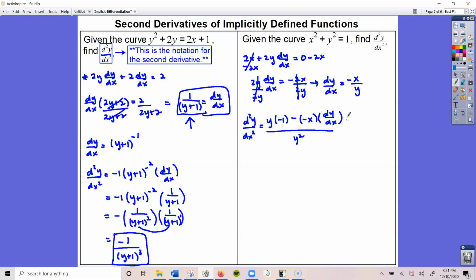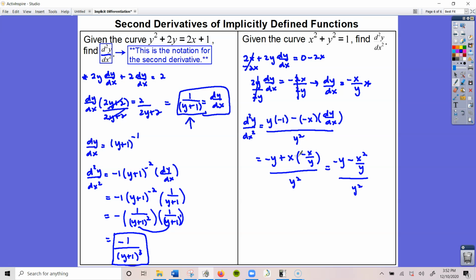Anytime you see that dy dx, we're going to substitute it now with negative x over y. So this is equal to negative y plus x times negative x over y, all over y squared. Now for the numerator, remember this is a complex fraction and we don't like leaving our answers as complex fractions. So we're going to rewrite this so that it's no longer a complex fraction.